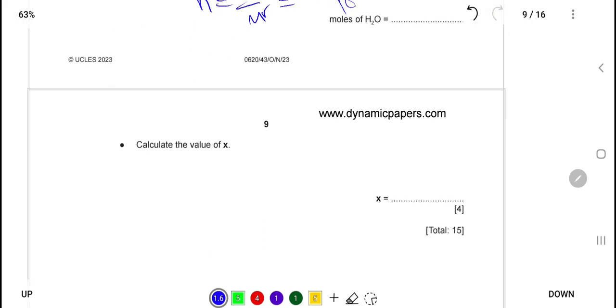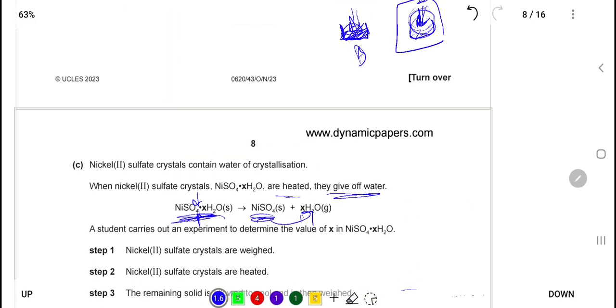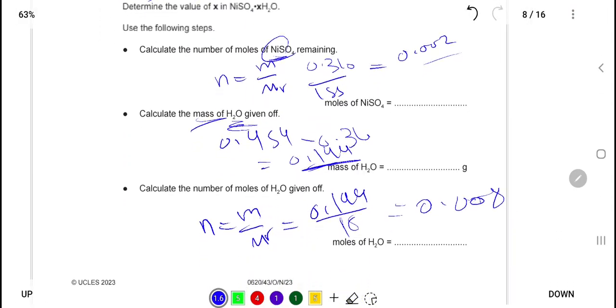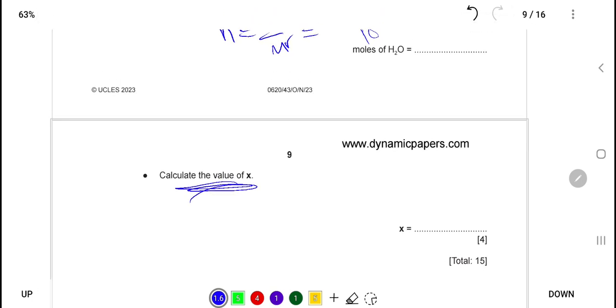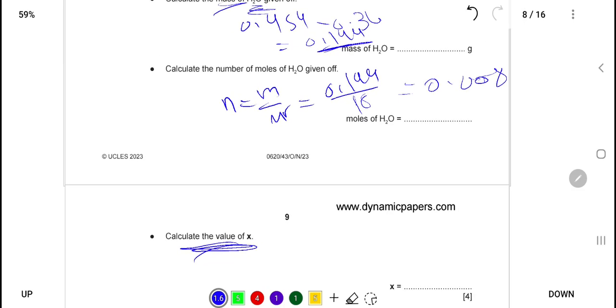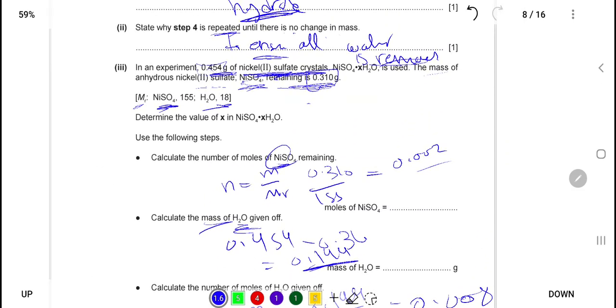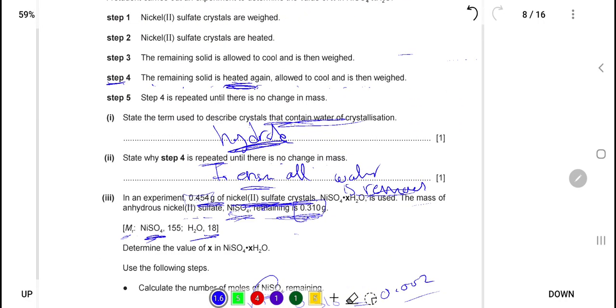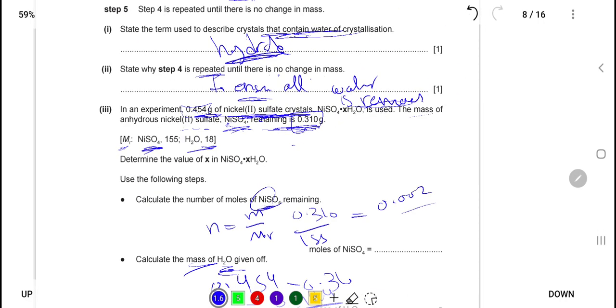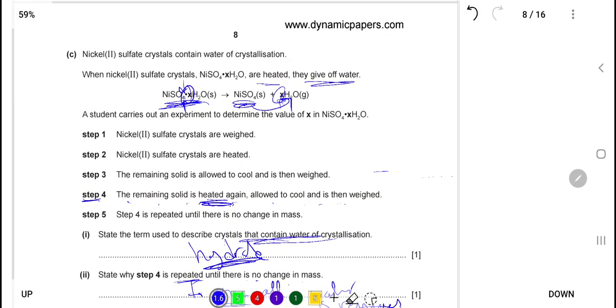Now the last thing is to calculate the value of x. So we know that x of this is going to be the same as x of this because they're the same symbol. So how do we do this? First thing, we can use a comparing method. How will we know if we don't have the moles of H2O? We know that the moles of NiSO4, 0.002, equals 1, because there's nothing in front of it, so it's 1.